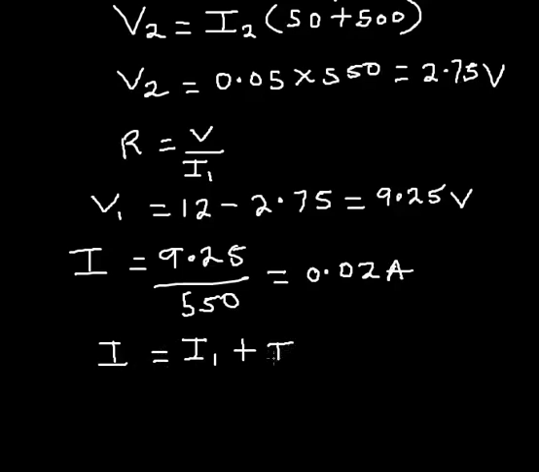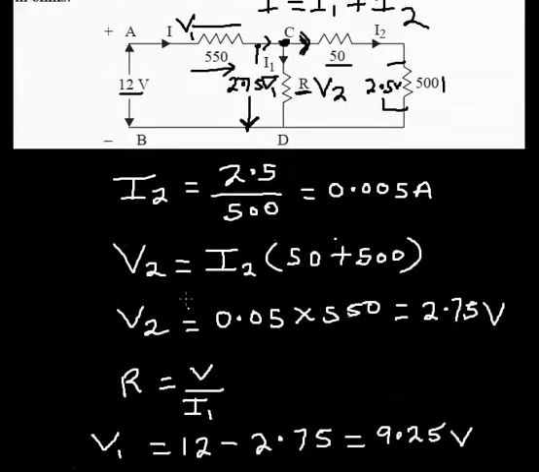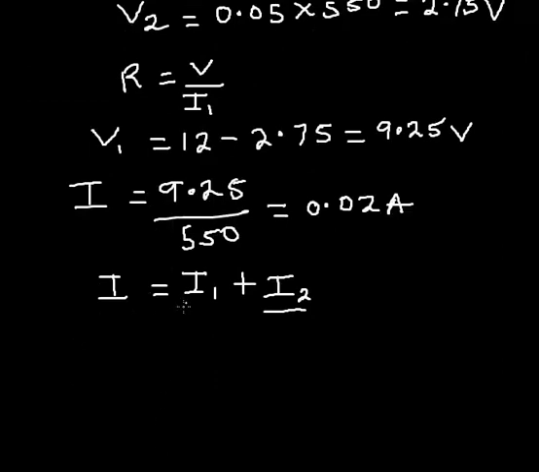I've already gotten I2. Remember, we got it, and that was 0.005. So to get I1, it's going to be equal to total current I minus I2.